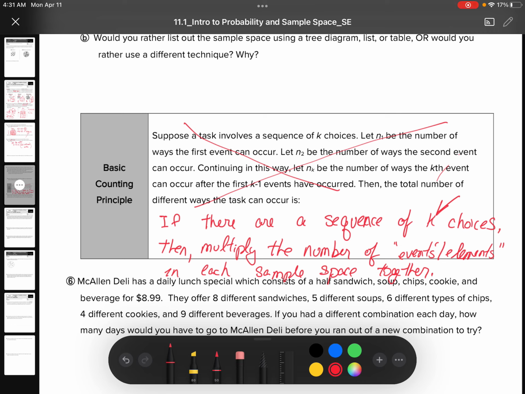If there are a sequence of k choices, then multiply the number of events/elements in each sample space together. Okay.